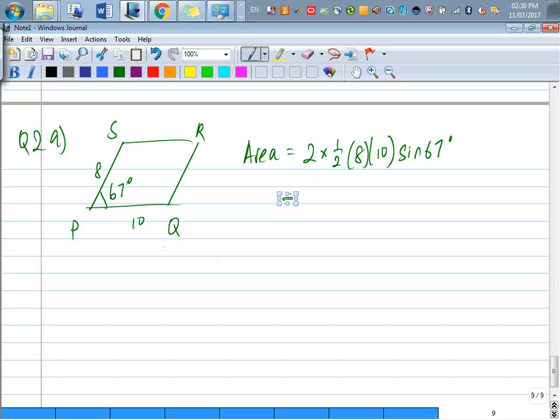So then the answer will be. So check your work, then put a tick if it is correct.